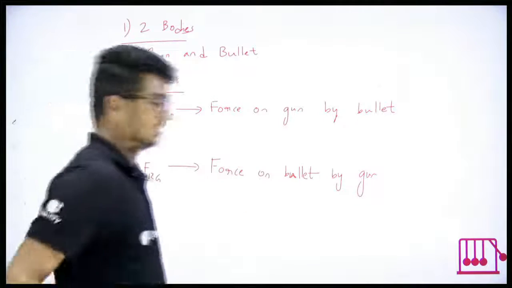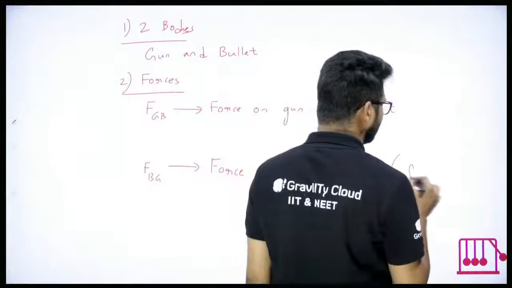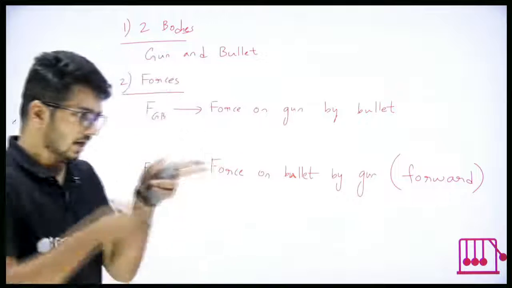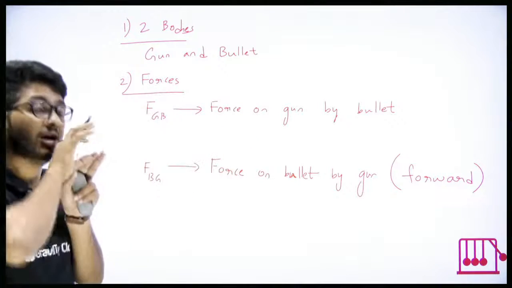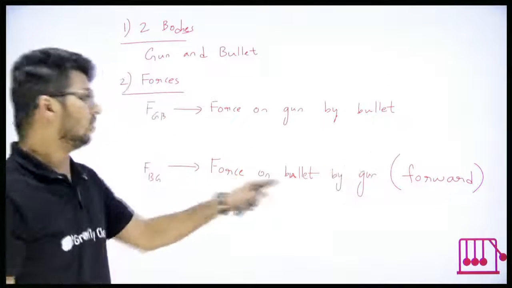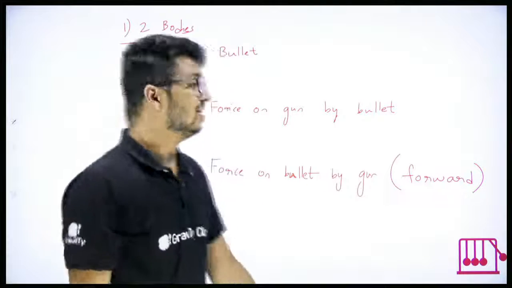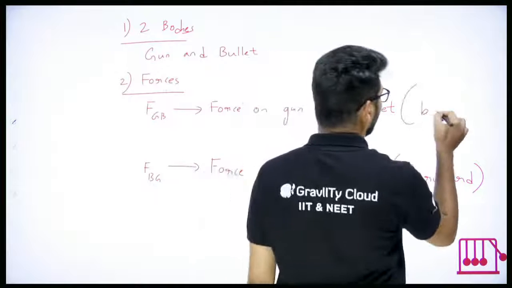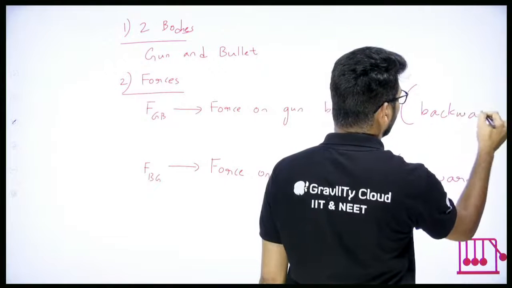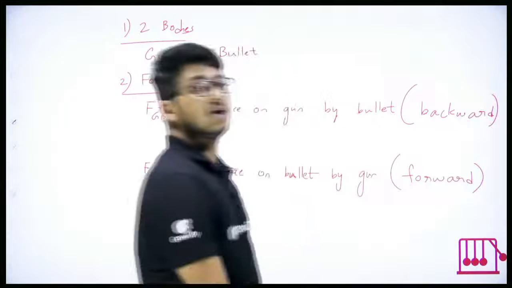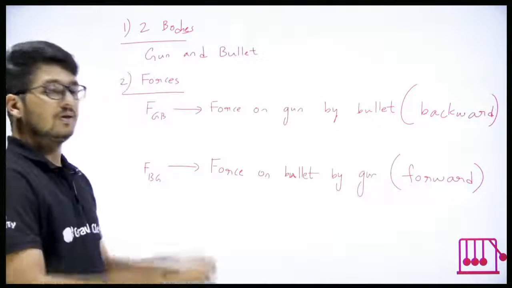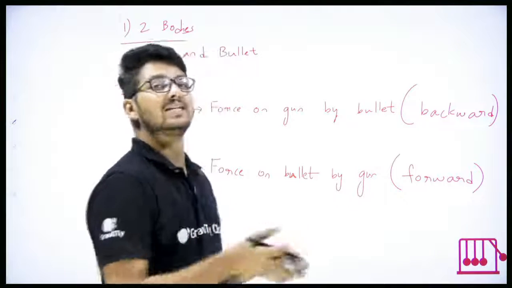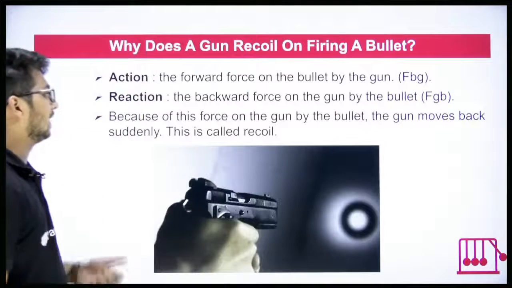So force on bullet by gun is forward. Imagine this. You have a gun, and the bullet is going forward, so the gun pushes the bullet forward. That means force on gun by bullet will be backward, because of the opposite direction. The bullet is pushing the gun back, and that is the reason why the gun goes backwards.